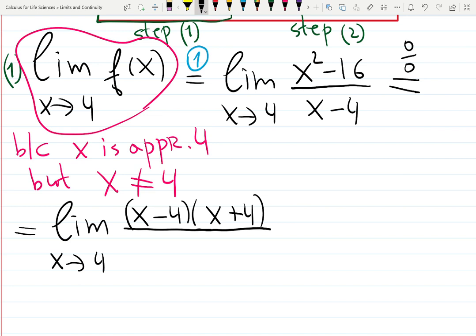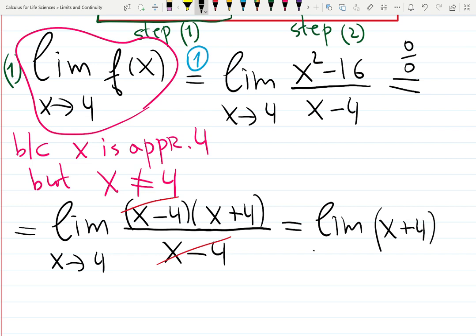So it's the same as we did with the conjugate, but easier, and the other way around. x minus 4 in the denominator. Since x is not 4, as we just mentioned, we can cancel out, and it simplifies the whole thing into very simple x plus 4. You see, we're getting rid of the troublemaker in the denominator by canceling out. So it's going to be 4 plus 4, which is 8.